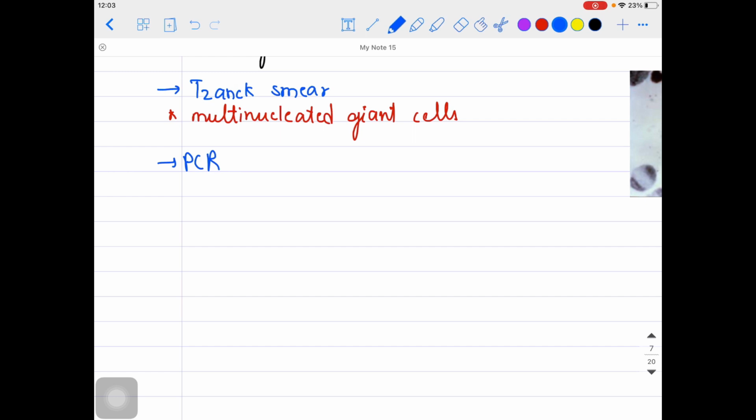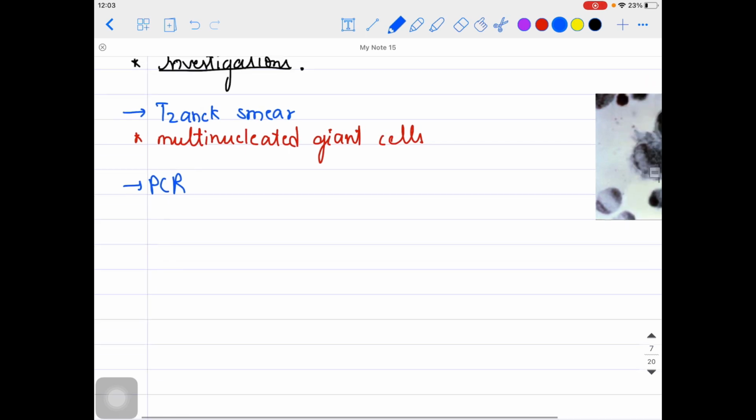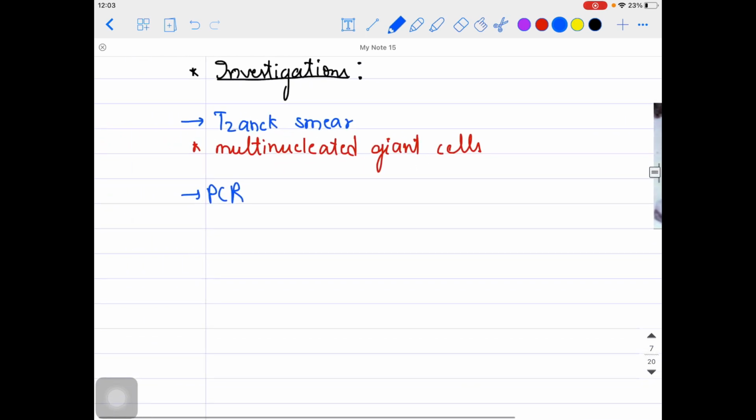So clearly we can make the diagnosis on the basis of clinical examination only. To make a confirmed diagnosis, you can go for lab examination, for example in some unusual cases the Tzanck smear and so on. But if the diagnosis is clear in your mind clinically, then there is no need to go for that.